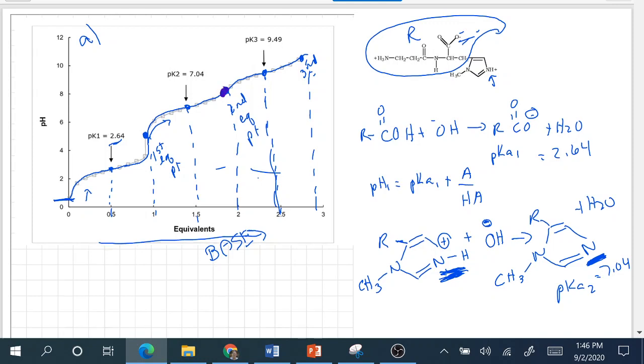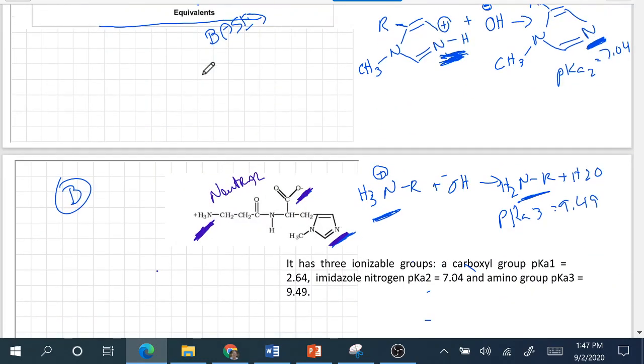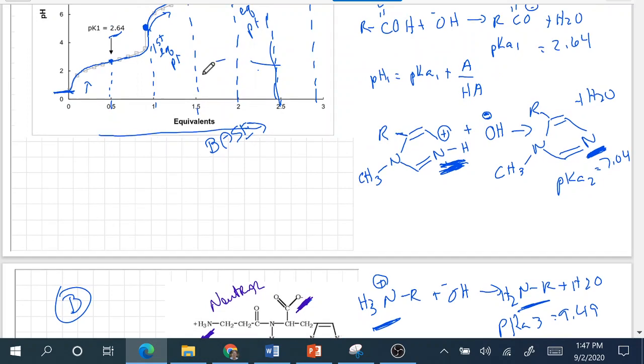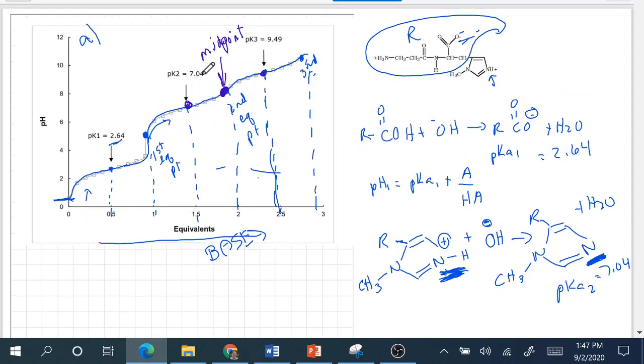So how can we calculate that second equivalence point? Well, that's the midpoint between these two half equivalence points. Okay, so how do we calculate a midpoint? A midpoint is our isoelectric point.